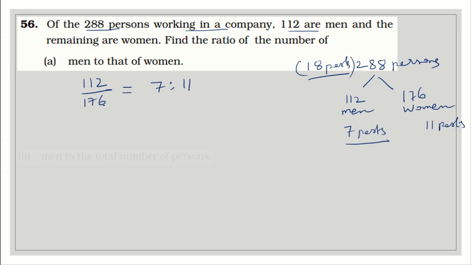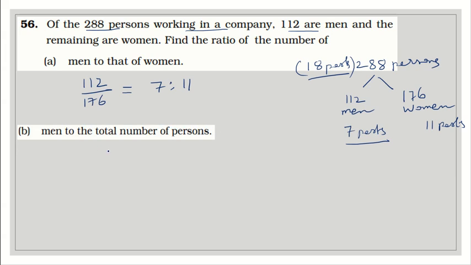Whereas what is the next question? Men to the total persons. Men to the total persons, I am actually supposed to calculate 112 by 288 with cancellation. Without calculating, I can say from this logic it is 7 is to 18, because 7 parts is to 18 parts.